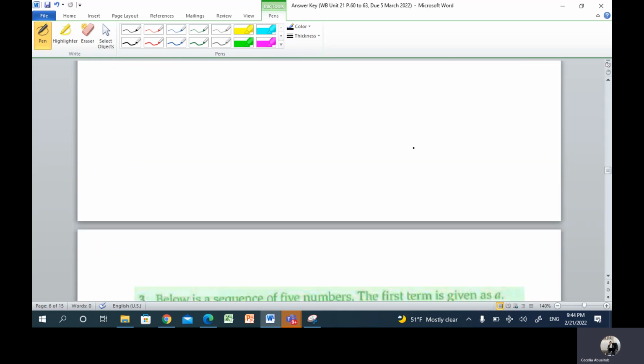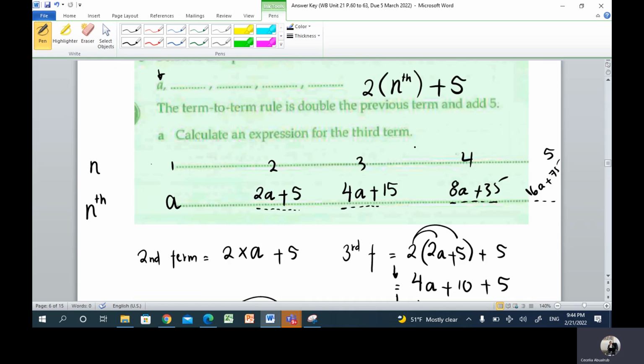Now, if we want to find the value of each expression, if a is equal to 3, we can replace this a with 3.